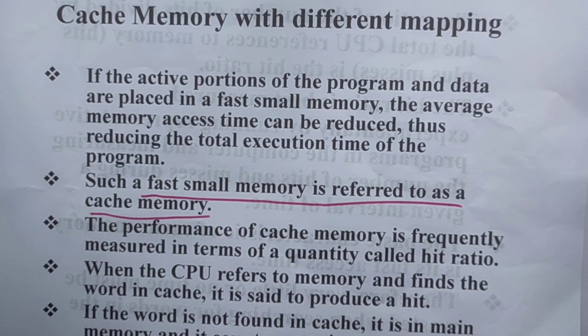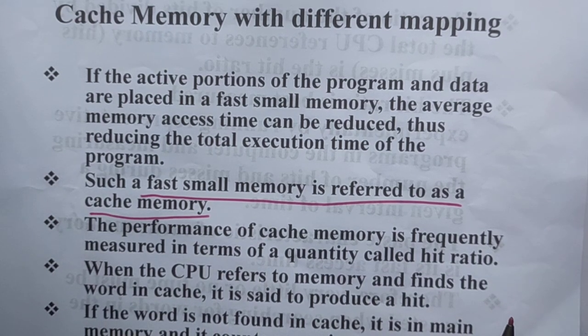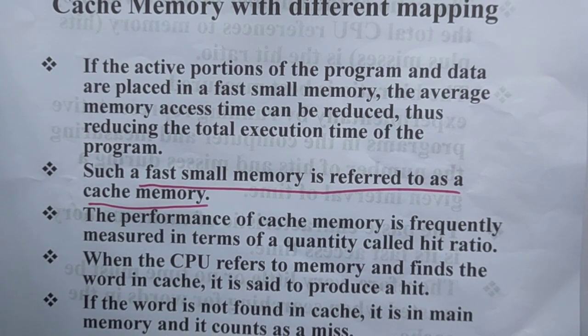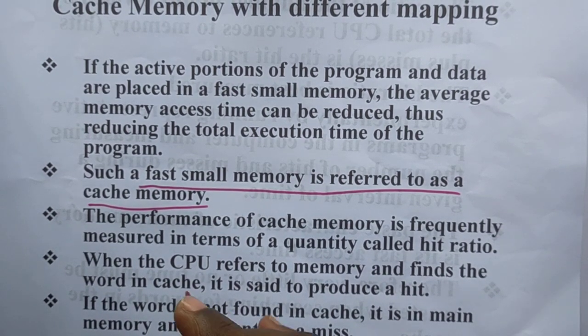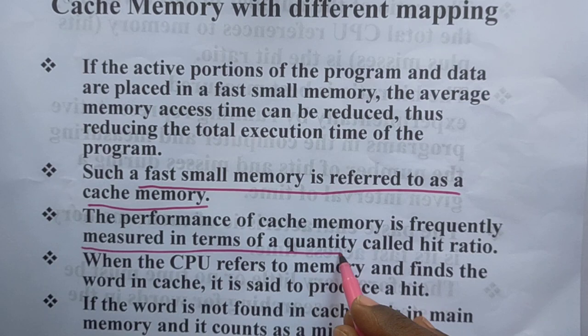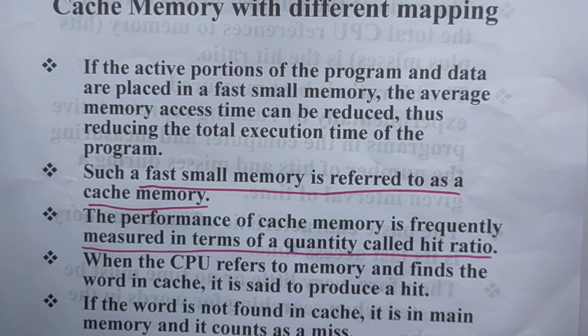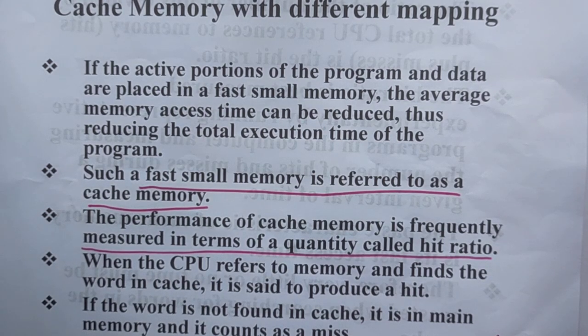Okay, so from the performance point of view it is also very fast. The performance of a cache memory is frequently measured in terms of a quantity called the hit ratio. That means we measure performance whenever we access some data from cache memory.